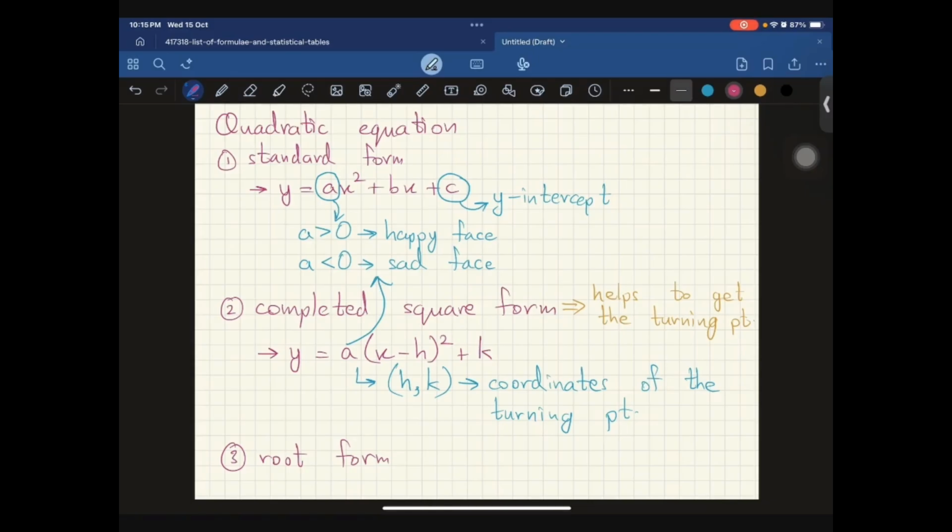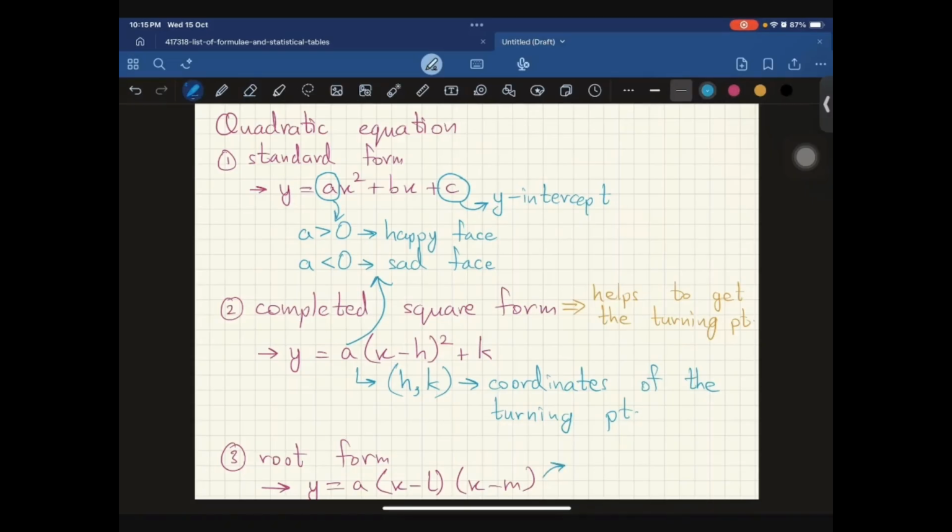But basically, the root form is something like this, that you have two factors. So you have y equals a times, let's say, x minus L times x minus m. So that's basically the form. And the significance of this is that this gives us the roots of the quadratic equation.